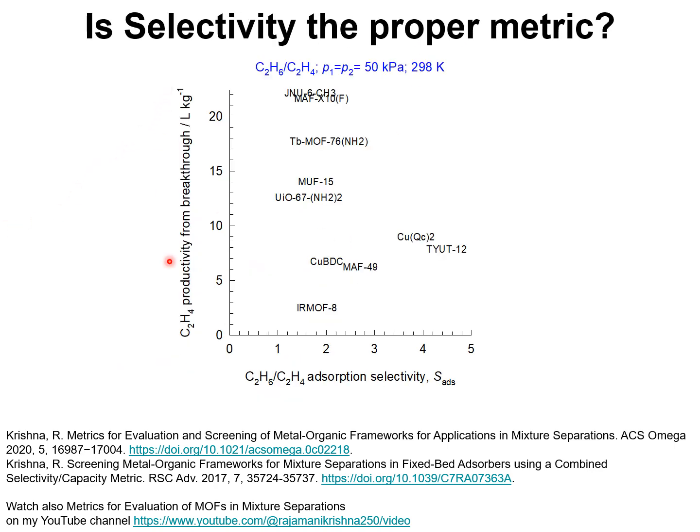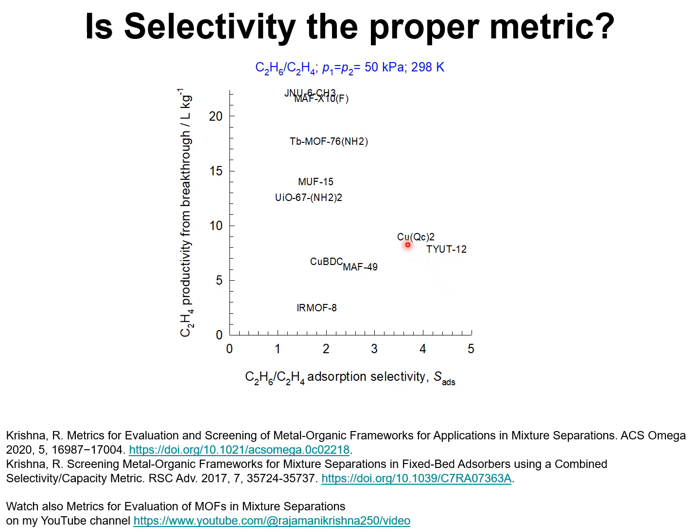In this graph, I examine the productivity of polymer grade ethene determined from breakthrough experiments from the published literature for a variety of MOFs.